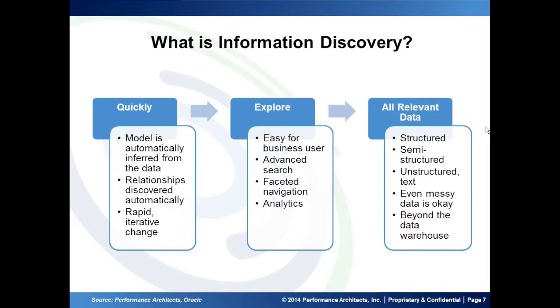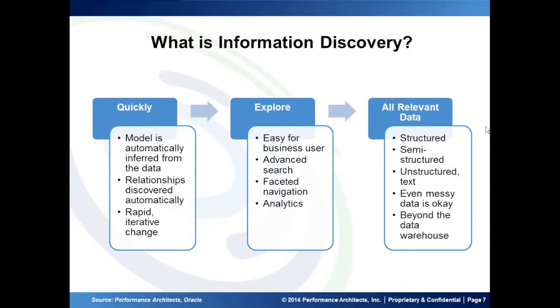So put together, this is essentially a no data left behind kind of policy. All this data must be combined into one view that allows users to understand relationships so that they can make decisions based on the full spectrum of the data and not just the traditional structured sources of data.